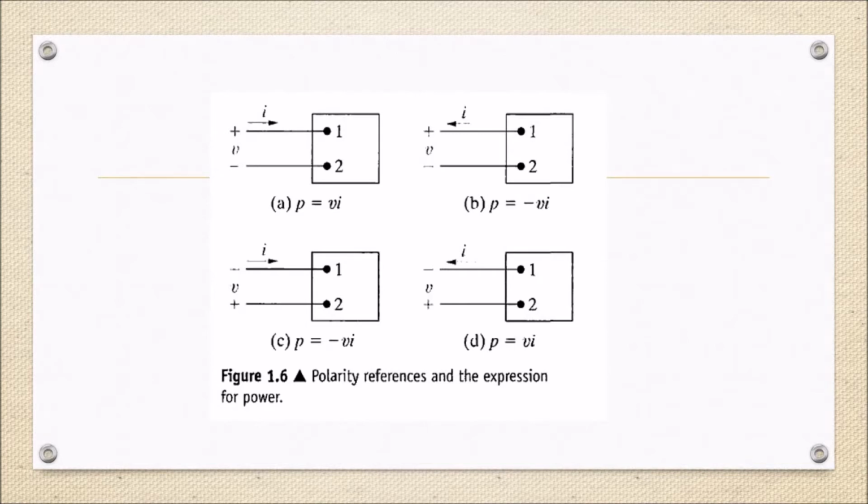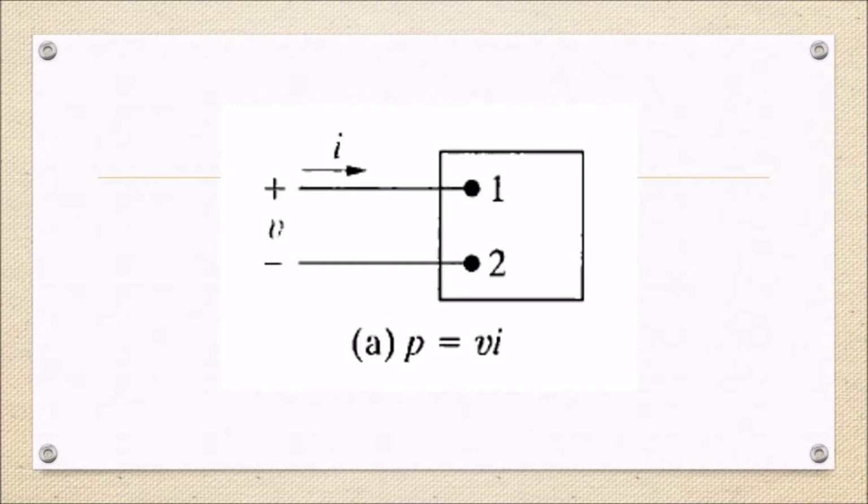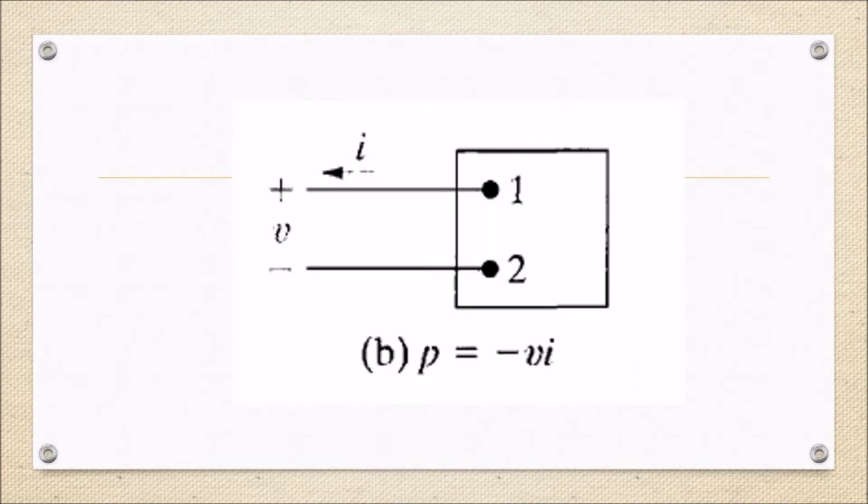If you use the passive sign convention, we can now conclude the interpretation of each case as positive or negative. In A, there is a voltage drop from terminal 1 to terminal 2, so the power value in watts is positive. And in B, there is a voltage rise from terminal 1 to terminal 2, or a voltage drop from terminal 2 to terminal 1.